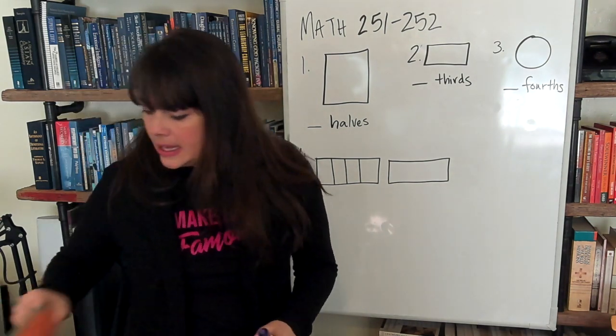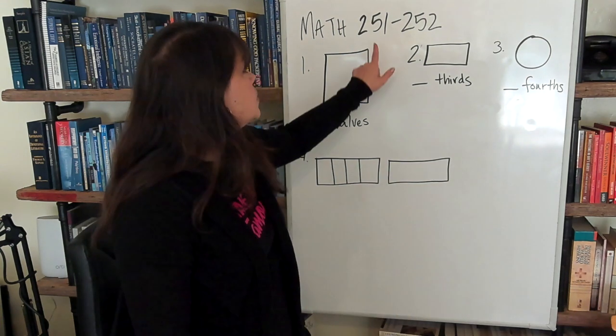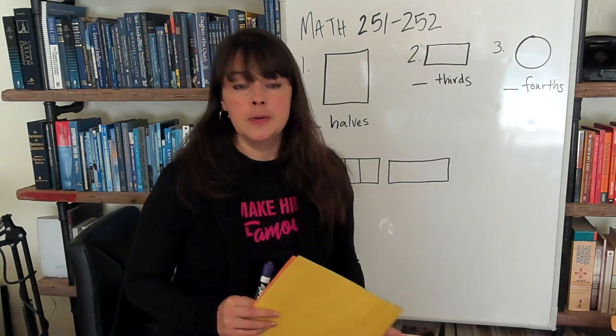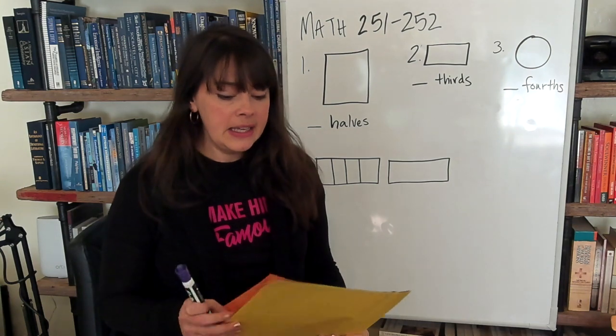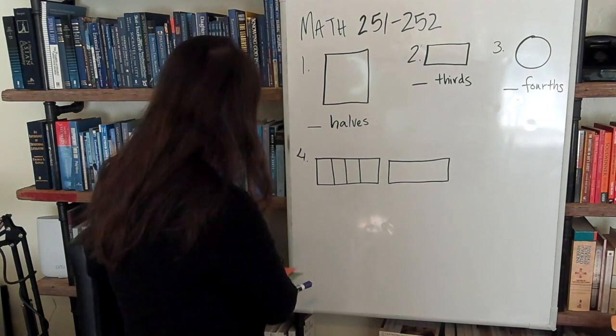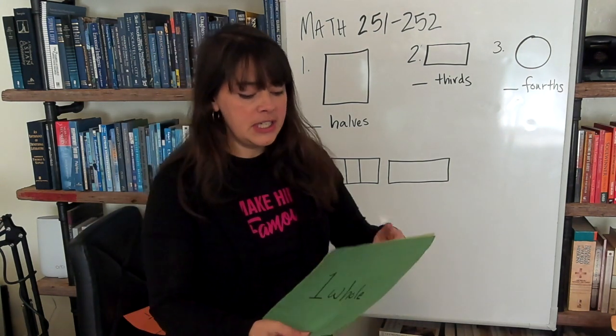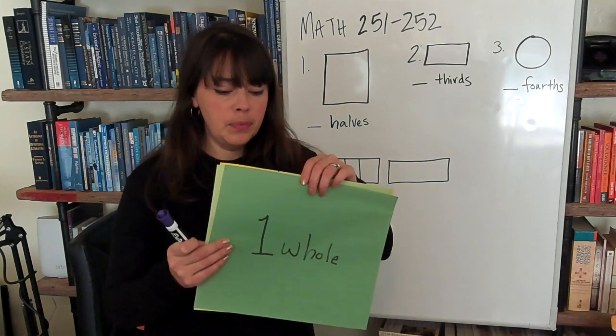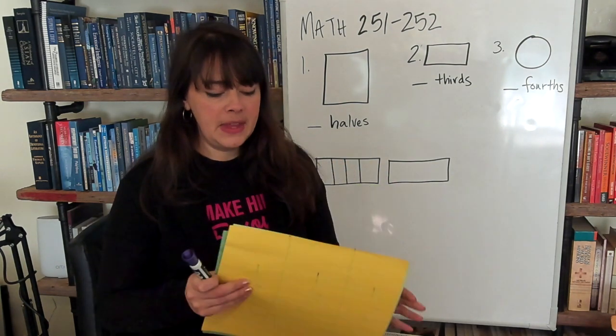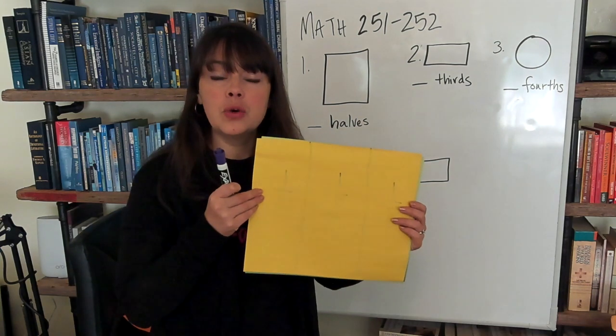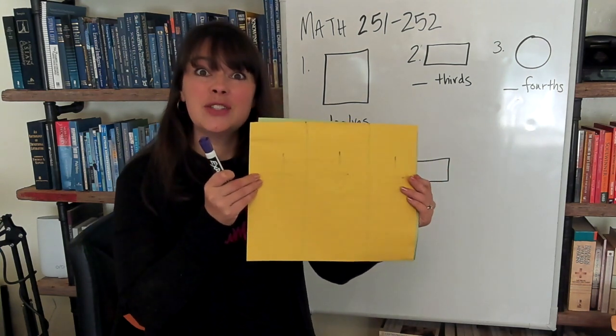Okay, so in your math homework today, which is page 251 to 252, you're going to be given a shape and then asked to partition it. So it starts out as one whole, but then imagine that you're told partition this rectangle into thirds.